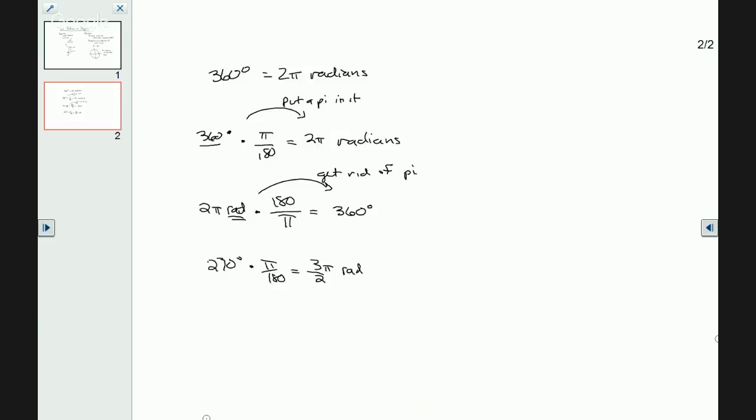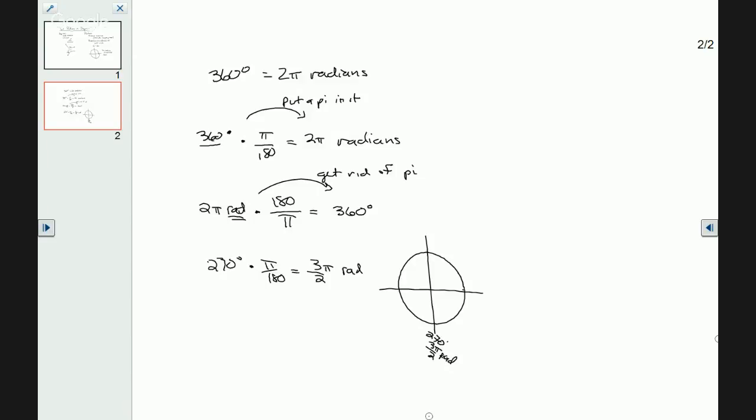Okay. Now, if you're looking at your unit circle, the handout I gave you already has the radians on it. Okay. Is 3 pi over 2 radians. Okay.